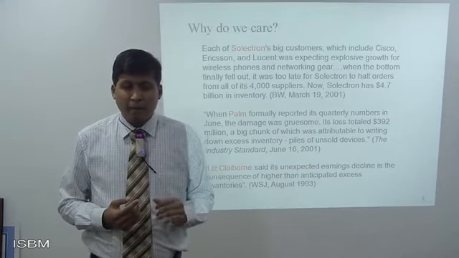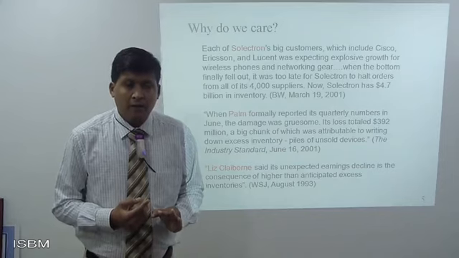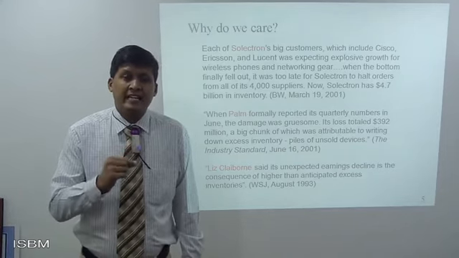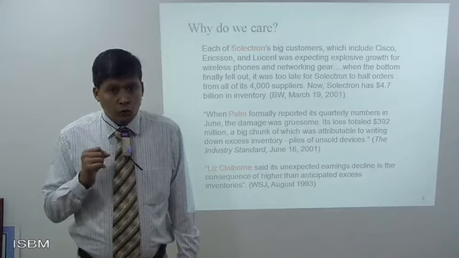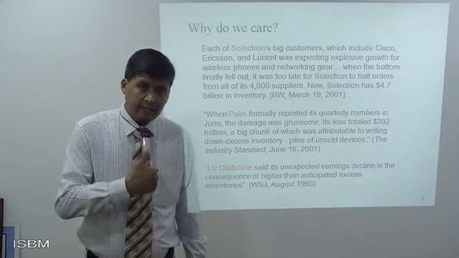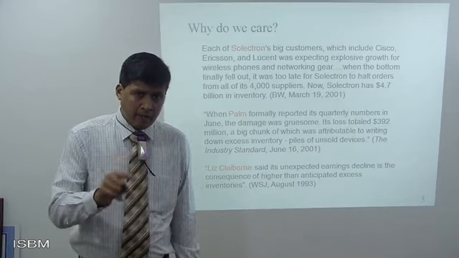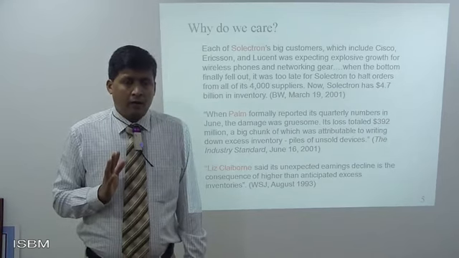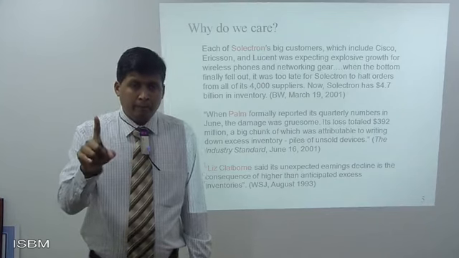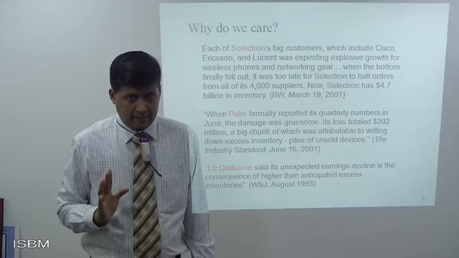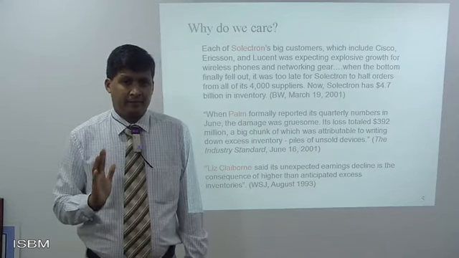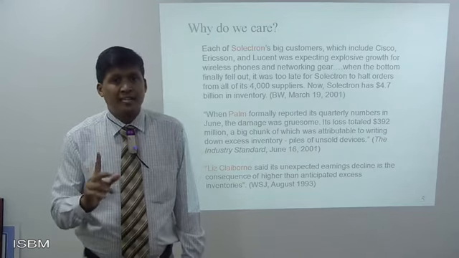So one of the primary reasons for losses was very high inventories. The learning we need to draw from here is, when a company is running into losses, one of the reasons could be lack of sales, right? The second contributing factor is also inventory.